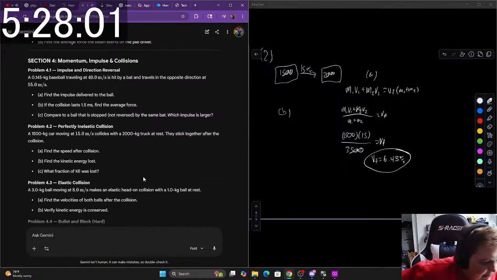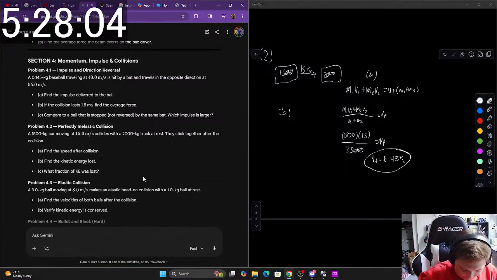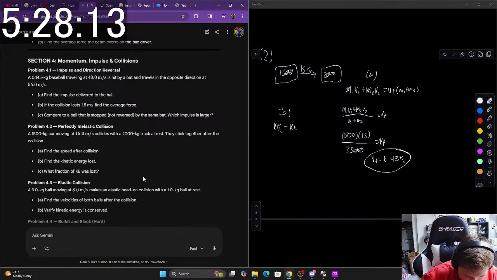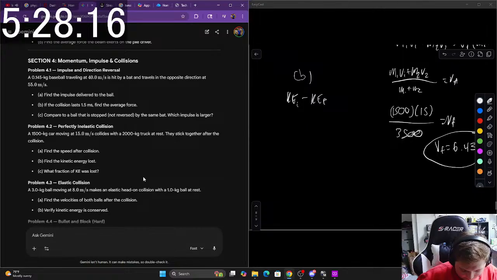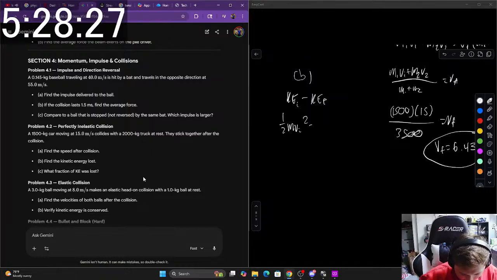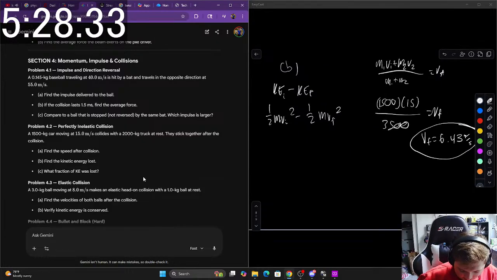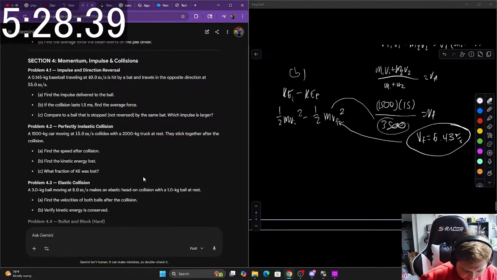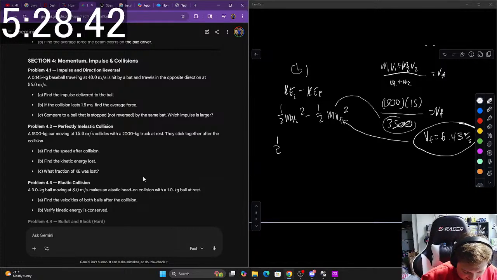Find the kinetic energy lost. So KEI, so we're just going to do this difference, using this V and this F here. For this, we just use that first guy.